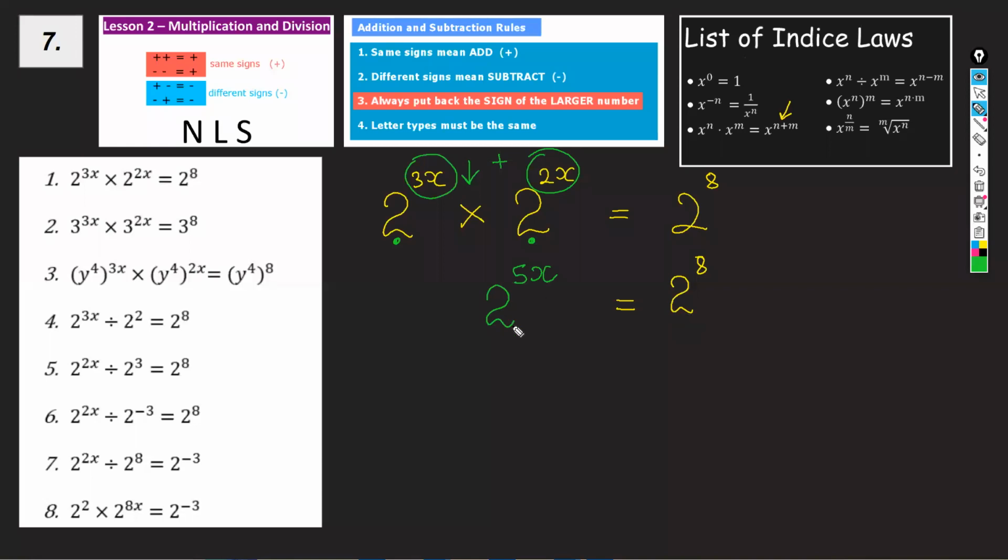Therefore, what should be equal to each other? 5x is equal to 8. Is it possible to solve for x now? Yes. This 5 is a multiply, throw it across, you get a divide. So the final answer is x is equal to 8 over 5. Take down the working for the first one, right?